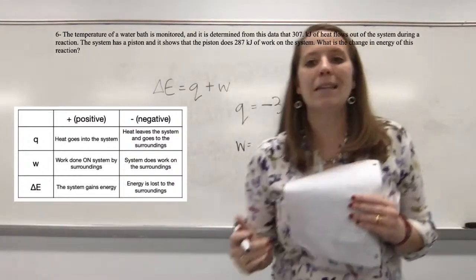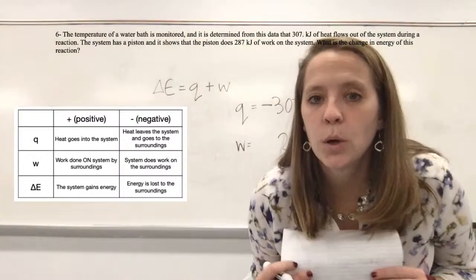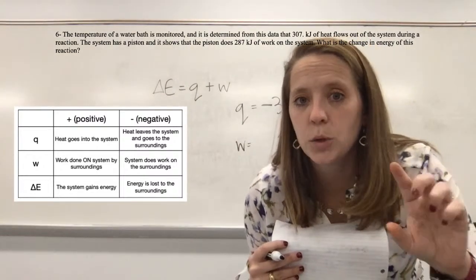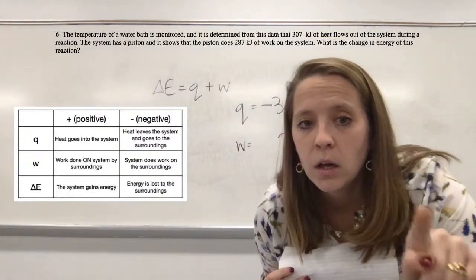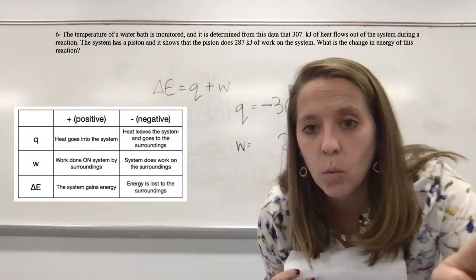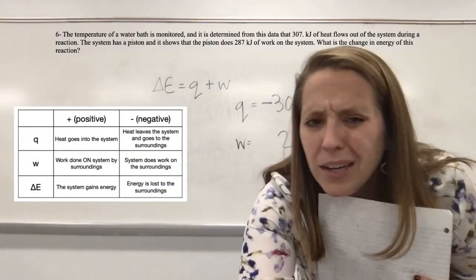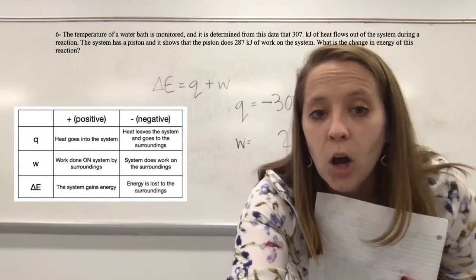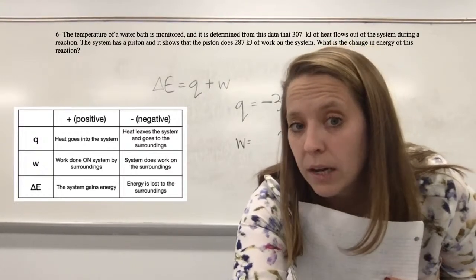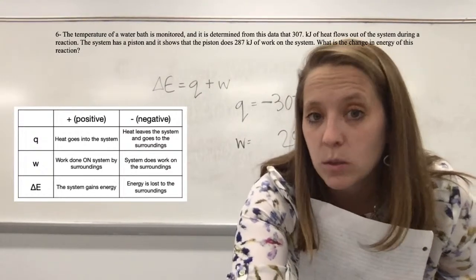And then we can do the exact same thing for work. So the piston does 287 kilojoules of work on the system. So in the work, let's use the mouse. Actually, I don't know if you can see the mouse, so this may not be helping. So the work is done on the system by the surroundings, or the system does work.